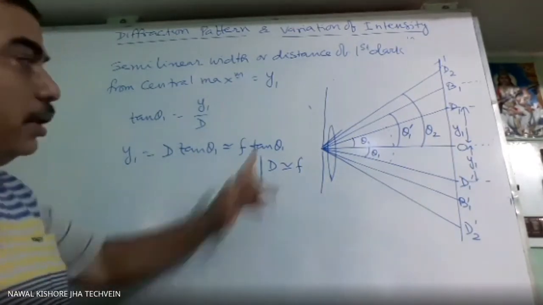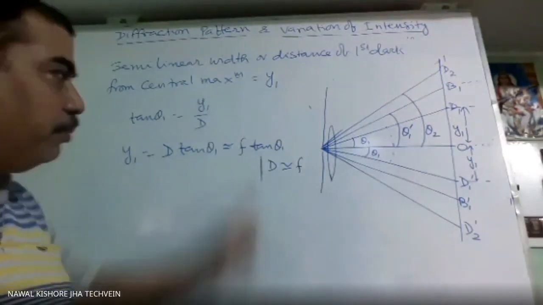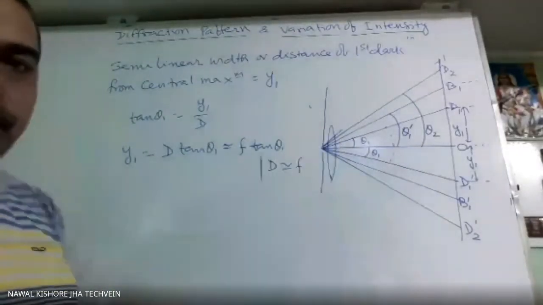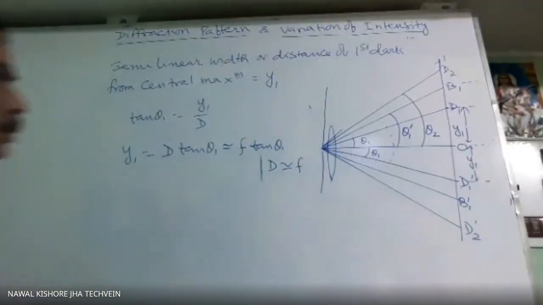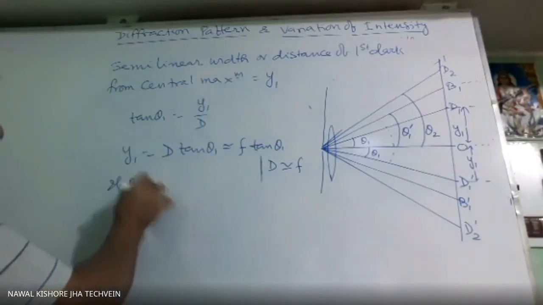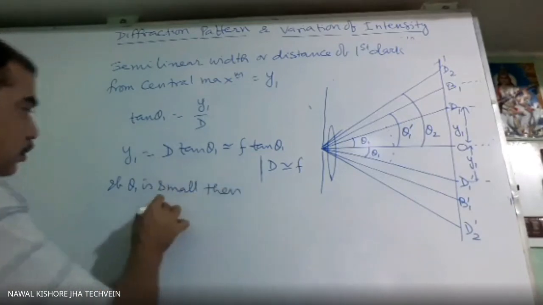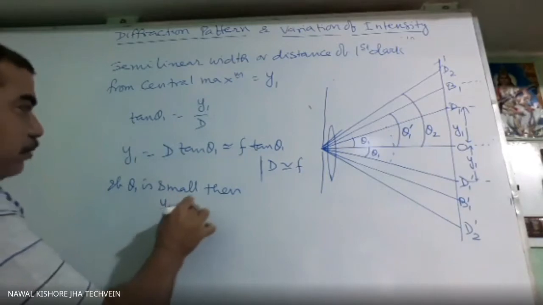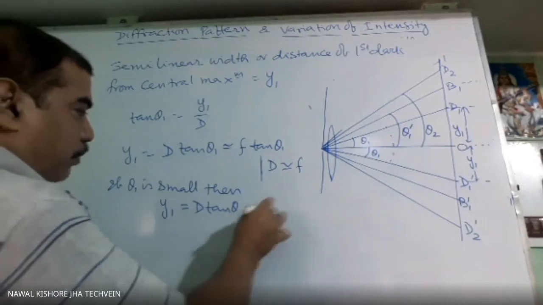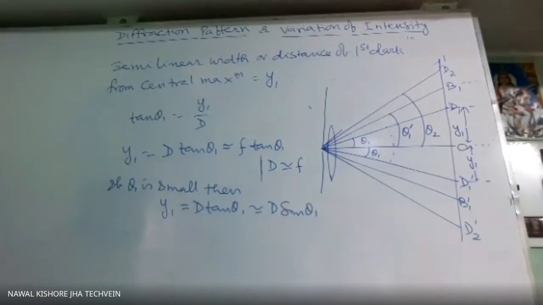Now, if angle theta 1 is very large, then we will find tan theta 1 from sin theta 1, which we have got. Otherwise, if theta is small, then y1, which is equal to d tan theta 1, is approximately d sin theta 1, and sin theta 1 we know.